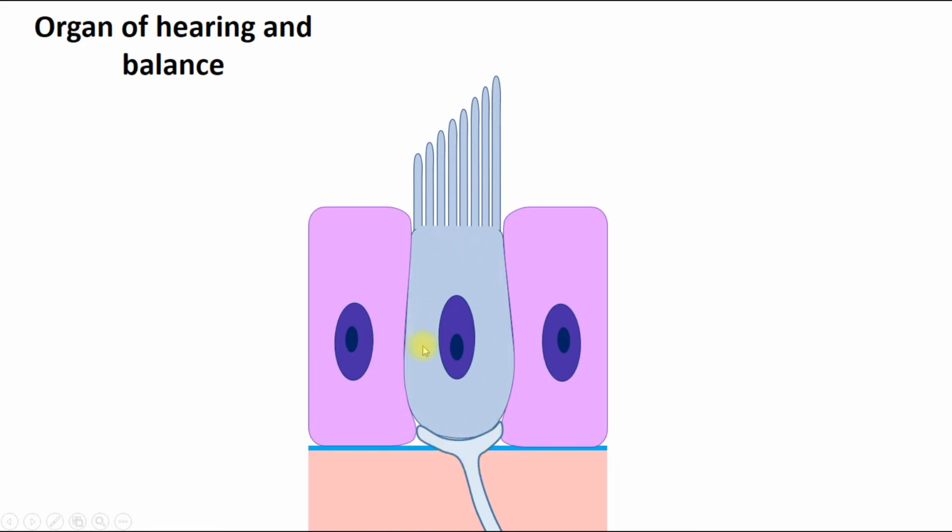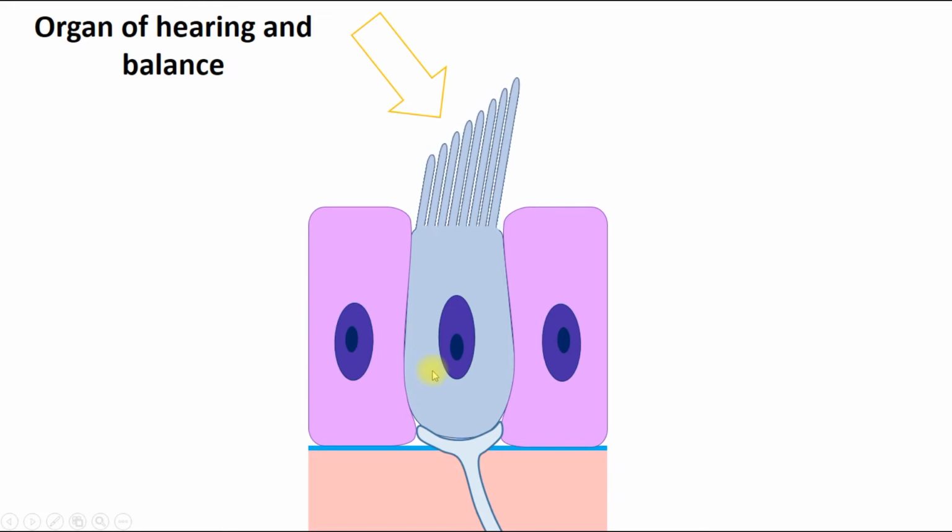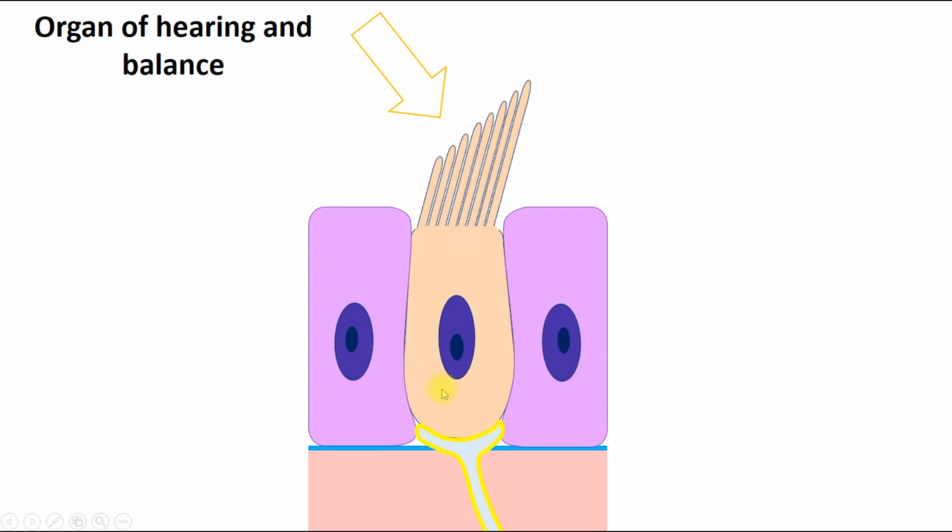When this cell receives an irritation from the outer environment, in this case mechanical irritation, this cell is activated and sends information to the neuron via this dendrite. This type of conduction and receiving of information is called secondary or sensory epithelial type. So the organ of hearing and balance are secondary sensory epithelial organs.